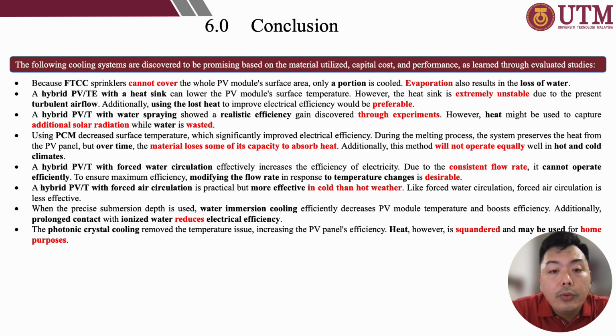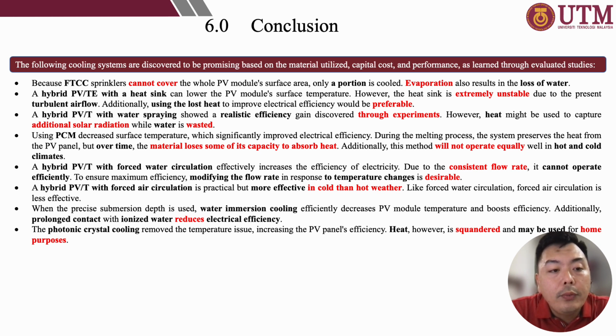Evaporation also results in water loss. A hybrid PV thermoelectric with heat sink can lower the PV module surface temperature. However, the heat sink is extremely unstable due to the presence of turbulent airflow. Additionally, using the lost heat to improve electrical efficiency would be preferable.